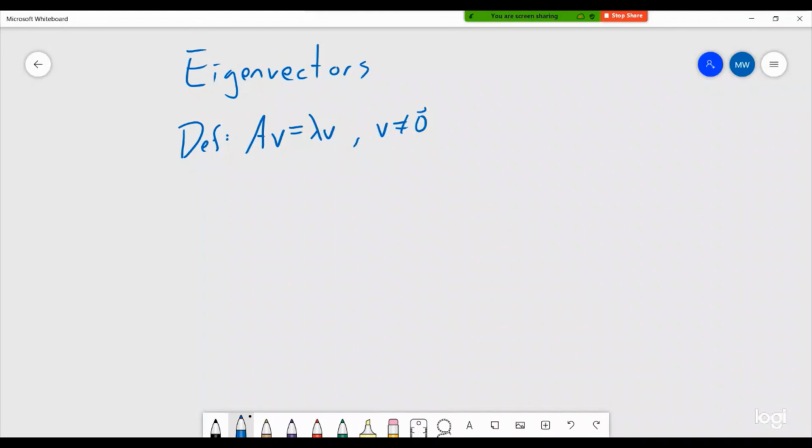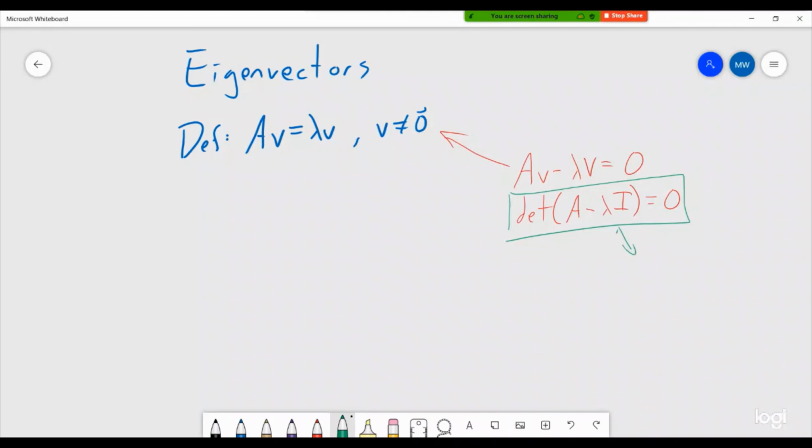From here, I can start to draw the connections that I see. One connection is that this tells me that Av minus lambda v equals 0, which tells me that the determinant of A minus lambda I is equal to 0. This connects with the fact that A minus lambda I is non-invertible.